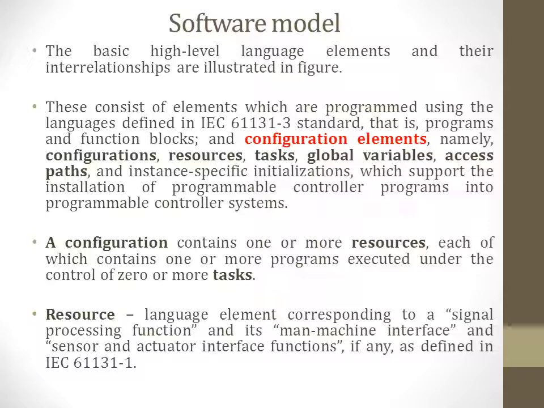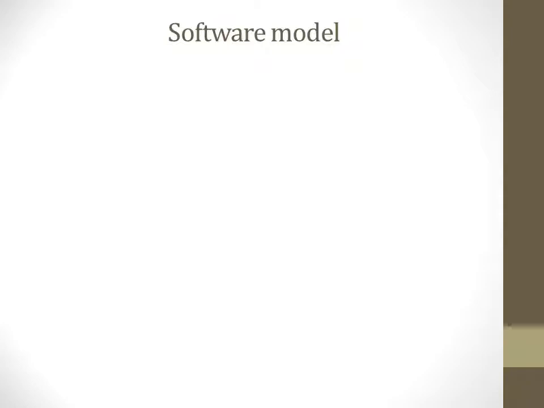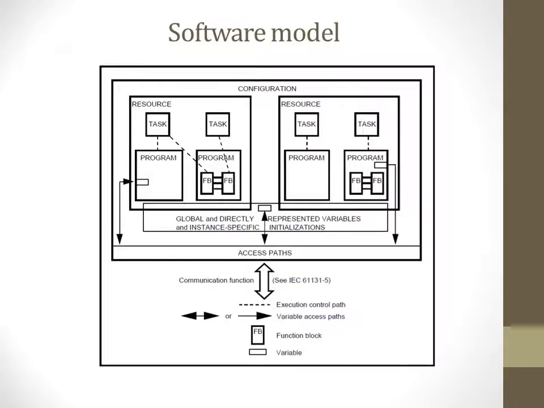The resource is a language element corresponding to a signal processing function, with its man-machine interface and sensor and actuator interface functions, if any, as defined in the standard. So, the software model is shown in this picture.